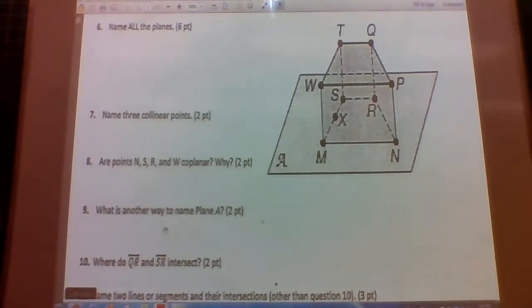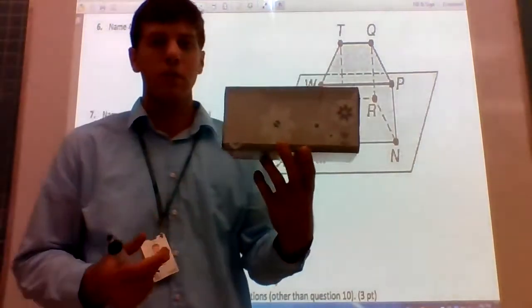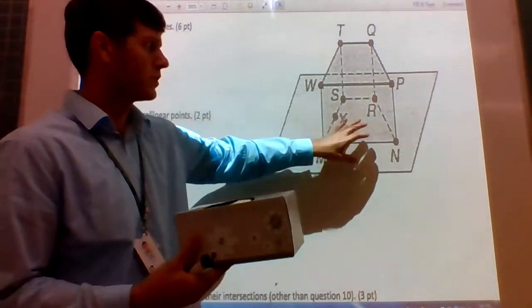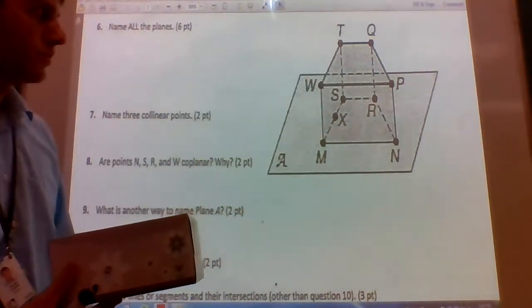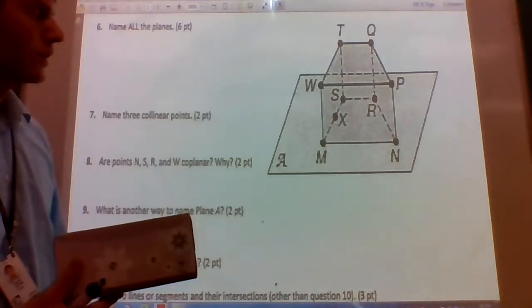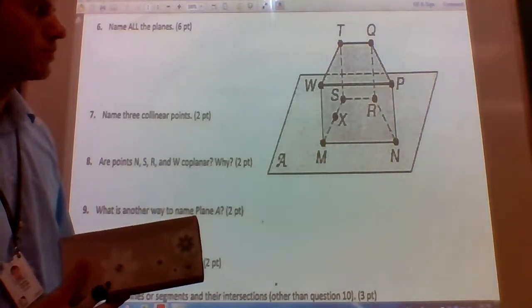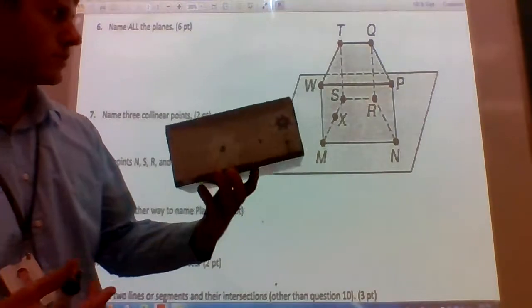So we need to figure out how many planes we're going to have. Planes are the two-dimensional flat surfaces. This isn't exactly a cube. It's a trapezoid prism. I don't know the official name here, but it's some sort of trapezoid-looking prism. But it's the same idea as a cube.